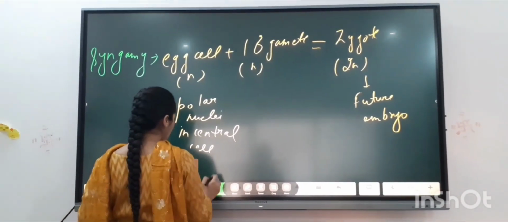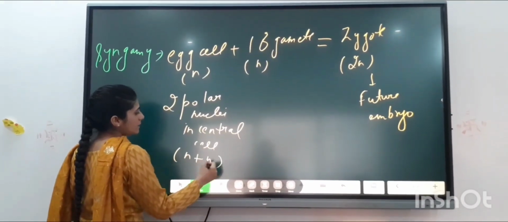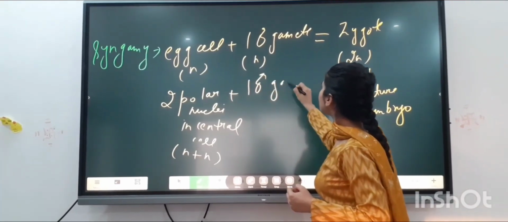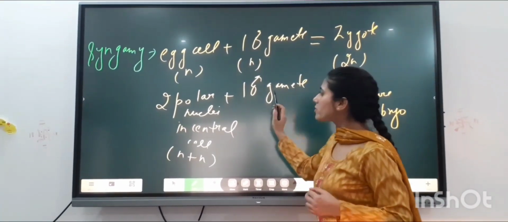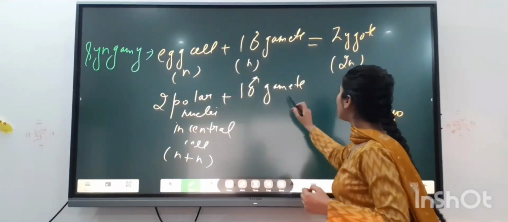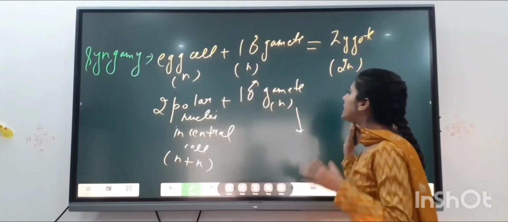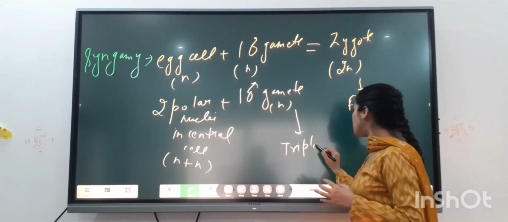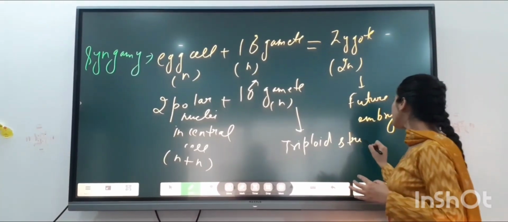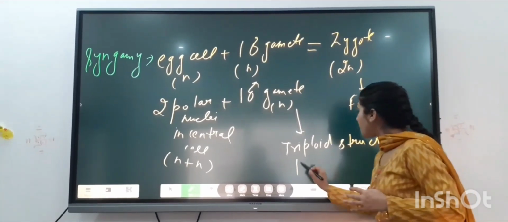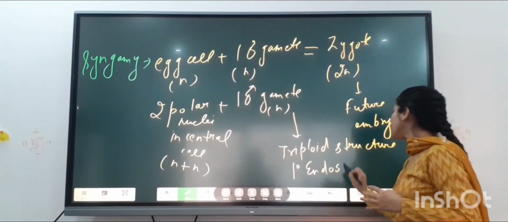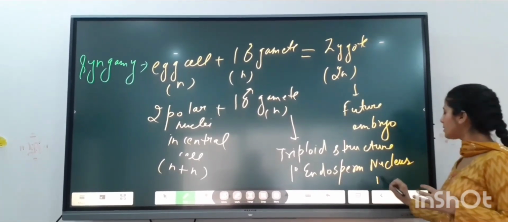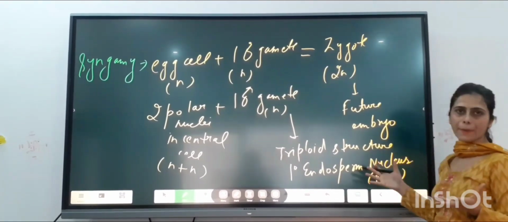So, N plus N, and we have the other male gamete which is going to get fused with these two polar nuclei, which is also haploid, and it is going to form a triploid structure, that is the primary endosperm nucleus, which is also known as PEN.